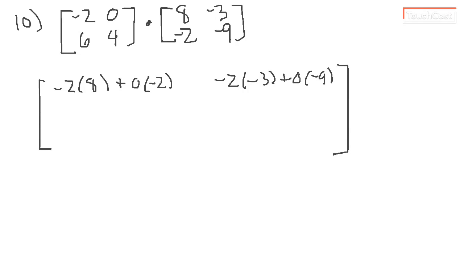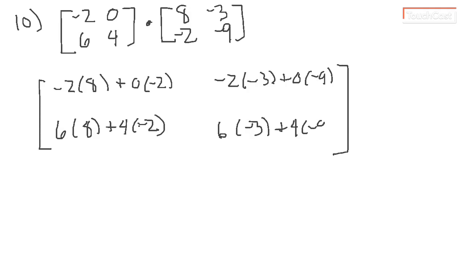then we're going to go 6 times 8 plus 4 times negative 2, and then 6 times negative 3 plus 4 times negative 9. If we do the multiplication, our next line of work is going to look like negative 16 plus 0, and then 6 plus 0.